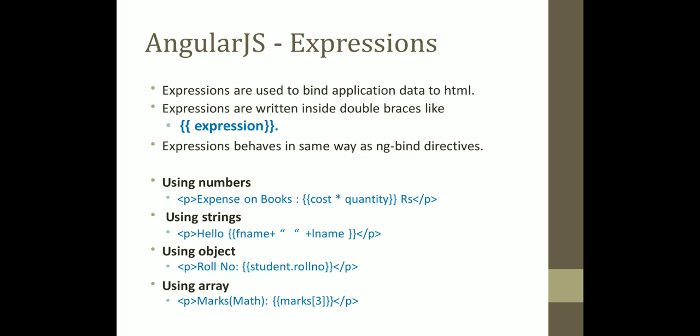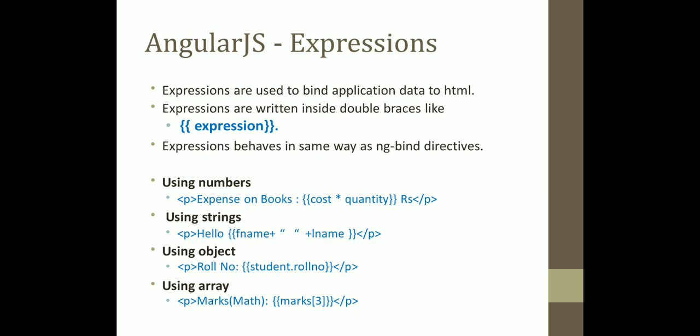Then if you want to write the expression using strings, you write it as follows. We start the paragraph tag with Hello, and in double braces we have given the expression. The expression here is fname plus double quotes, a blank space, double quotes, plus lname.